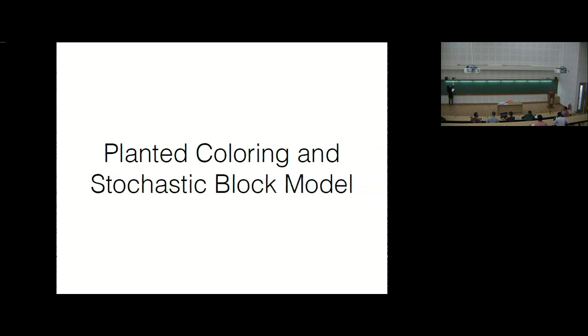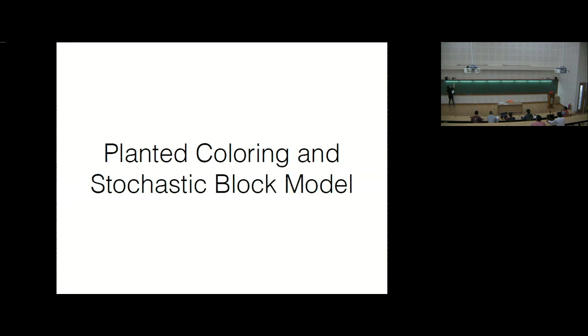So we are still talking about random graph coloring, meaning this Hamiltonian over all edges of the graph. And these are all Potts spins.